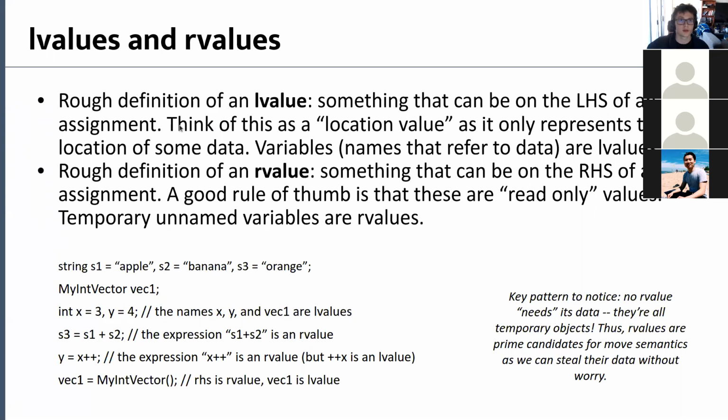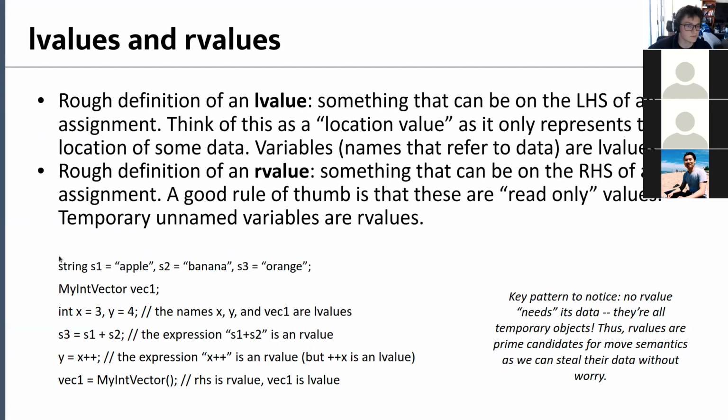If you want a little mnemonic, you can think of it as a location value. Cute little L there at the front, it only represents the location of some data. Variables, which are names that refer to data, are L values, whereas the definition of an R value is something that can be on the right-hand side of an assignment. A good rule of thumb is that these are read-only values. Temporary unnamed variables are R values.